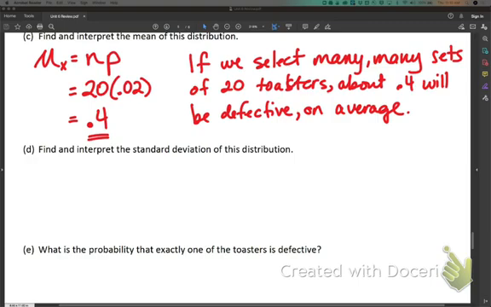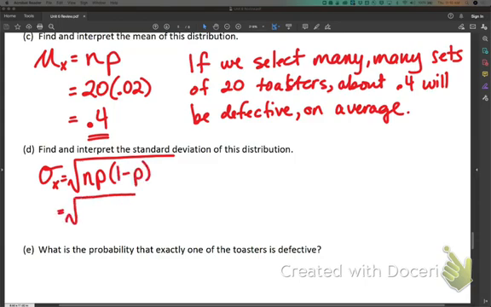The standard deviation for a binomial situation is the square root of n times p times 1 minus p. That equals the square root of 20 times probability of success times probability of failure.